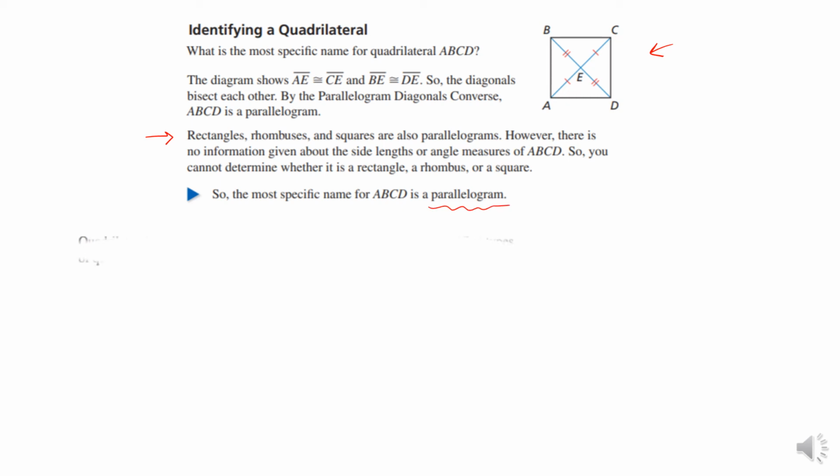Quadrilateral DEFG has at least one pair of opposite sides congruent. What kind of quadrilaterals meet this condition?